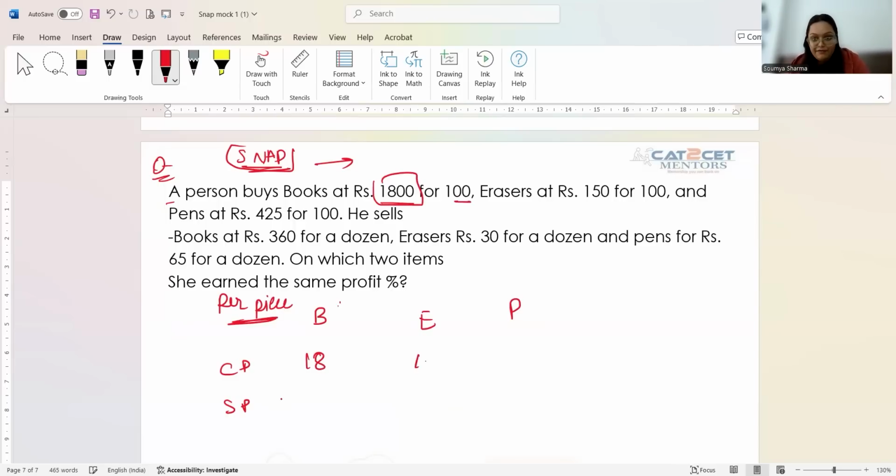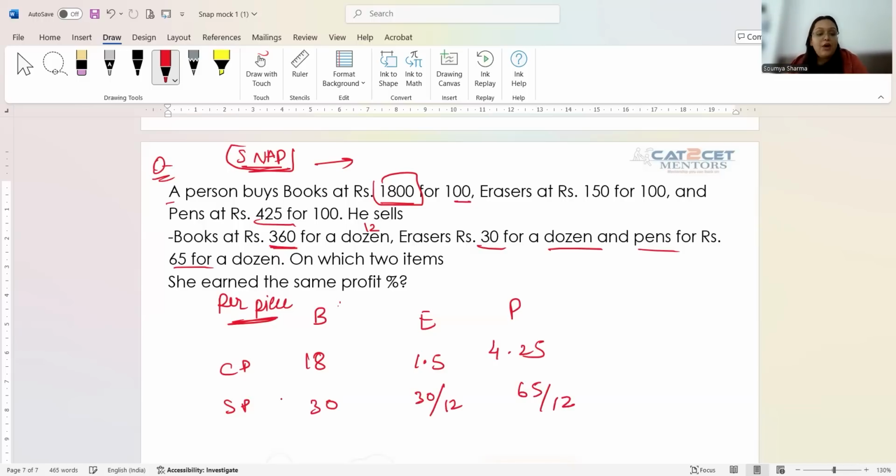This will be 150 by 100, 1.5. This will be 425 by 100, that is 4.25. And here 360 for a dozen. Dozen is 12. So 360 by 12, it is 30. 30 for a dozen, and pens for rupees, how much? 65 for a dozen. So it will be how much? 30 by 12, and it will be 65 by 12.